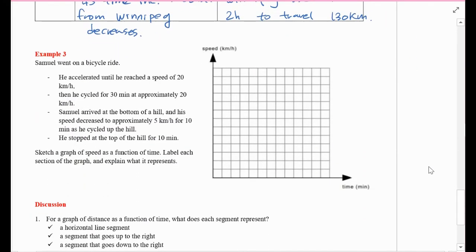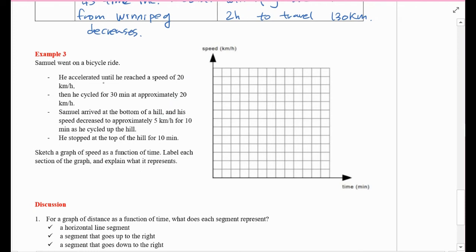Alright, next question. Example 3. Samuel went on a bike ride. So we're going to draw the situation this time. Okay? So what we're going to do is we're going to read the sentence and we're going to draw the graph on the grid here. Okay? So let's read the situation first.